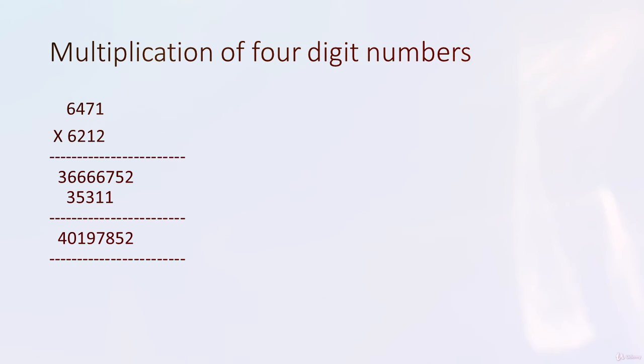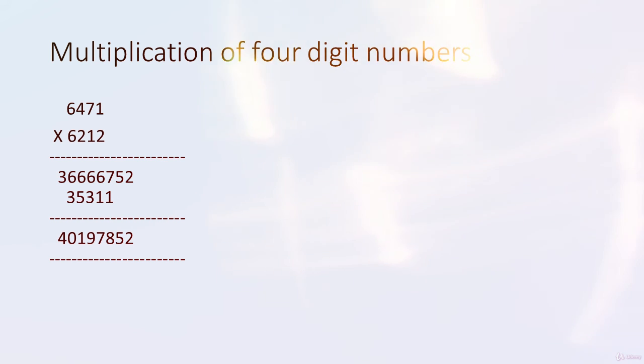We will do another cross multiplication of 4 multiplied by 1 and 7 multiplied by 2, and we will add them up. So it will be 6 multiplied by 2 is 12, 12 plus 6 is 18, 18 plus 4 is 22, 22 plus 14 is 36. We write down 6, we carry forward 3.